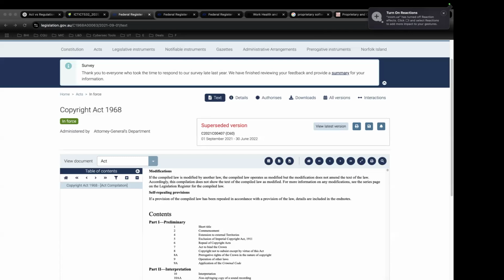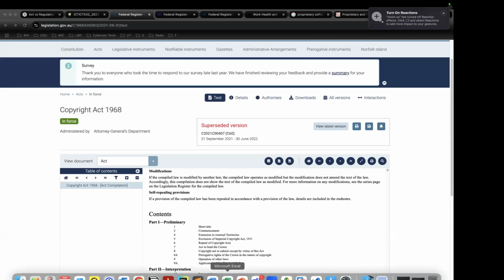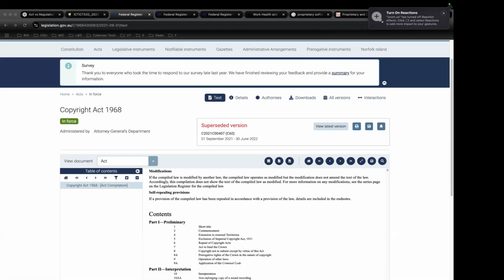It doesn't protect the ideas themselves. Oh yeah. So generally you'll have a definition of what copyright applies to. Yeah, like exclusive rights to original works.